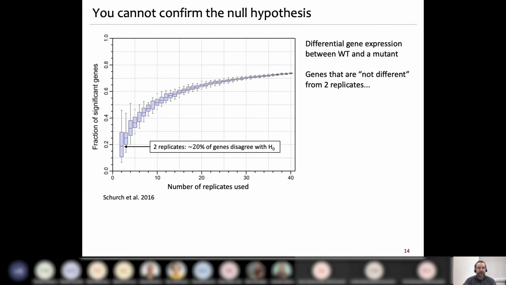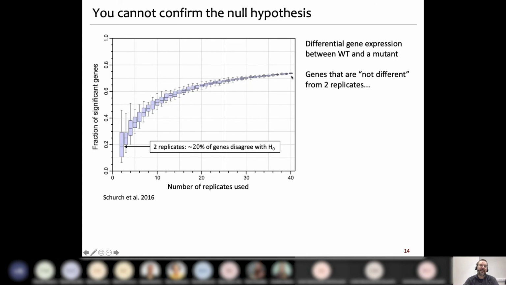As I said, you cannot confirm the null hypothesis, and this is the example that shows you why. This is a result of a large-scale gene differential expression experiment, which was done in yeast in two conditions. There was a wild type and a mutant. The experiment was done in 40 replicates, and having all these data and doing the differential expression, which essentially assigns p-values to each gene and tells you whether this gene changes or not, we can then use sub-samples of the original samples.